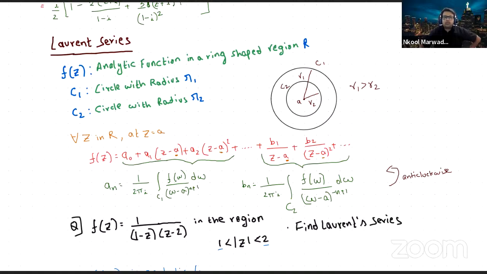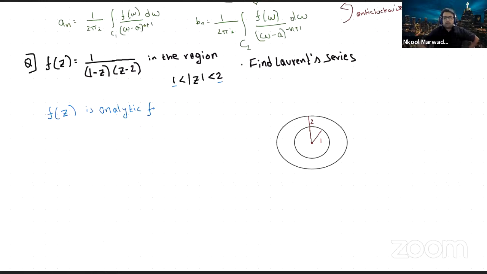So the good practice is that whatever function we have, it is very good to show first that okay, it's analytic. Then let us try to expand it. Let me write it properly. Just a minute.